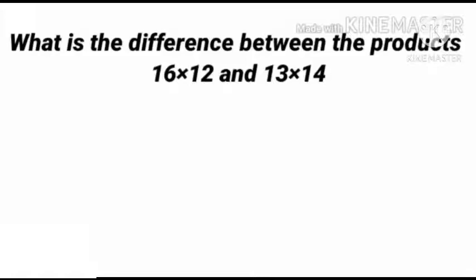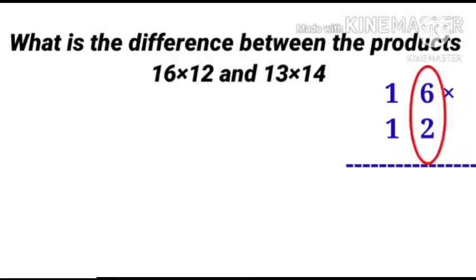Okay children, listen to this question. What is the difference between the products 16 into 12 and 13 into 14? First we have to calculate 16 into 12. First multiply 2 with the ones place, that is 2 into 6, yes 12.